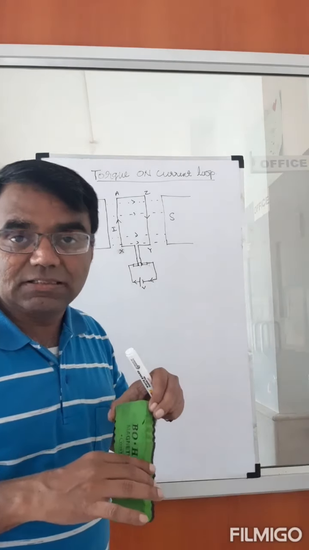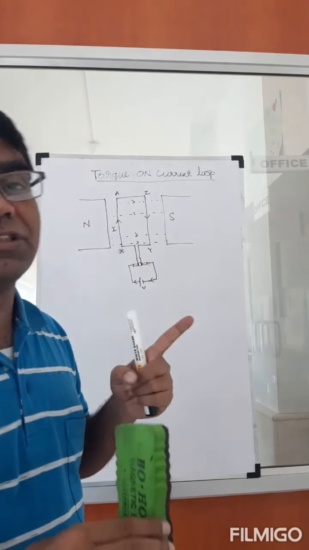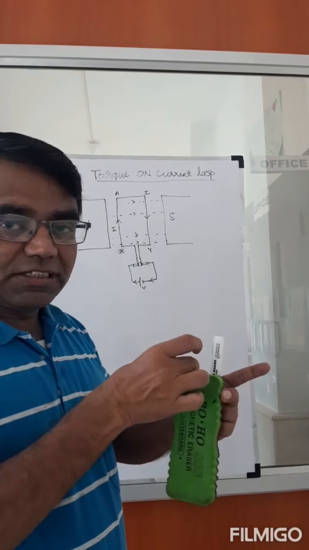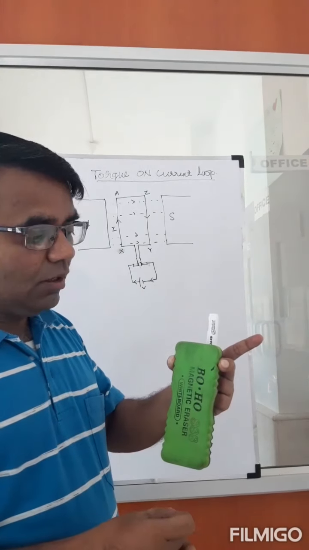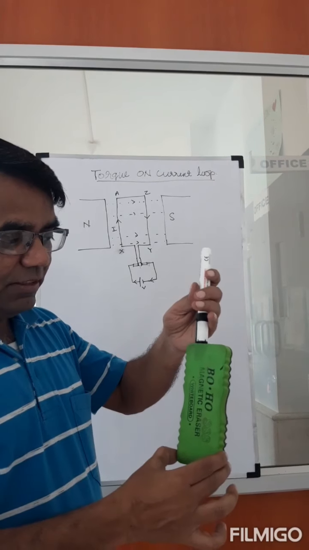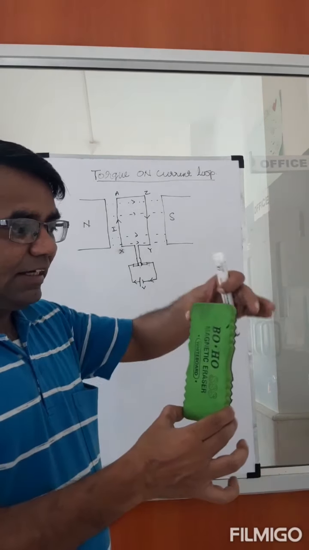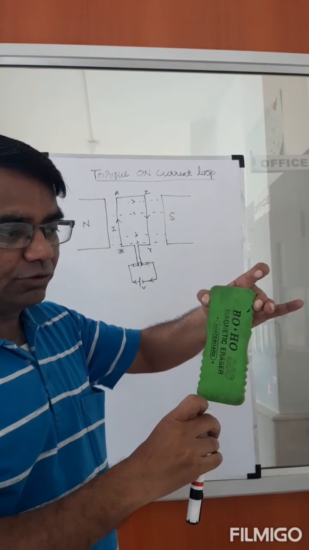But it will not result in rotation. Why? Because whatever force this experiences, this one also experiences, and they are in the same direction, this way, and they are collinear.